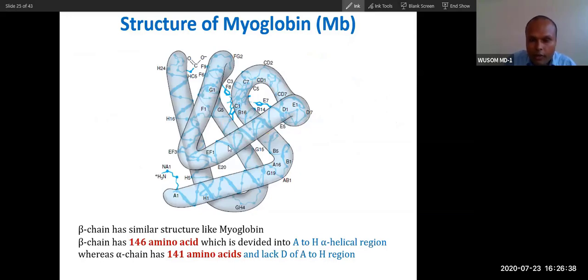You can see all have the same place. In all of these alpha and beta chains, the position of the heme group will be the same, between E and F. And the amino acids that will join with the heme are E7 in all and F8 in all. E7 and F8 will bind, and oxygen will bind at the E7 region in all hemoglobin and myoglobin structures.